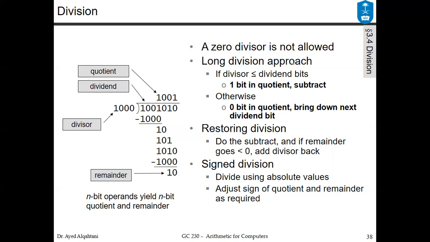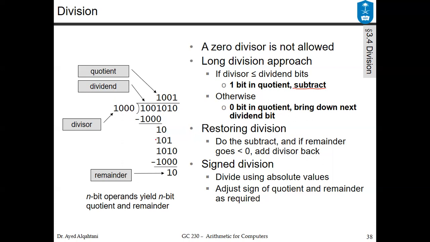In the long division approach, you check if the divisor is less than the dividend bits. If the divisor is less than the dividend bits, you have a 1 bit in the quotient, and you do the subtraction. Otherwise, there will be a 0 bit in the quotient, and you bring down the next dividend bit and try again.